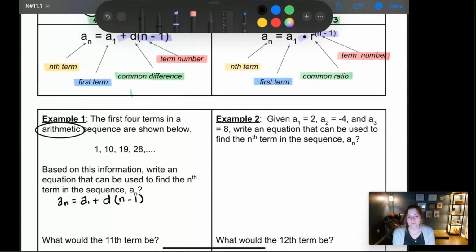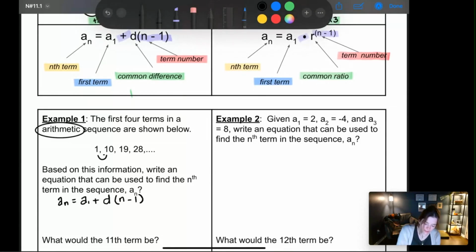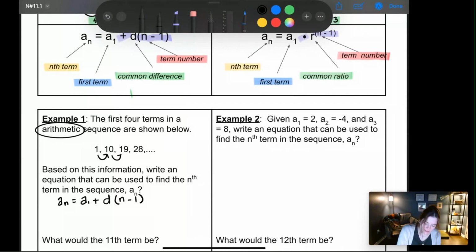So first things first, let's see what the common difference is. If you want to put down what A1 is, you can, because you already know that one. But let's look at what the common difference is. So how can I go from 1 to 10, from 10 to 19, 19 to 28? Can you tell what that might be? I'm adding 9 each time.